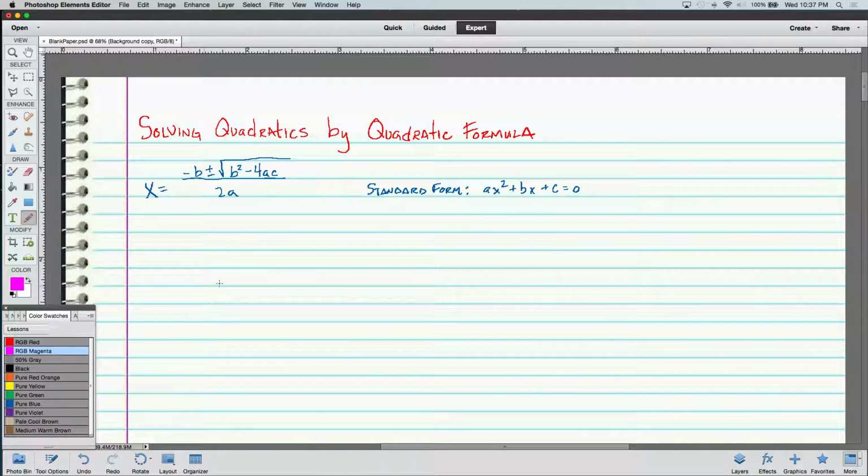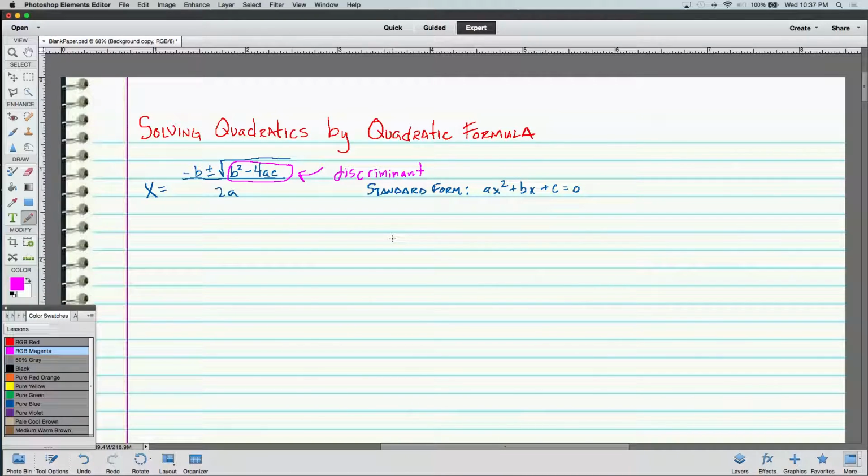And the last piece of information that we need to know is this part underneath the square root. That is going to be called the discriminant. What does this information actually tell you?